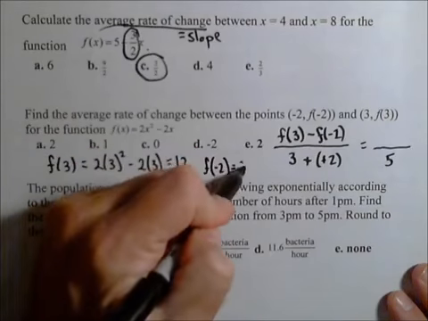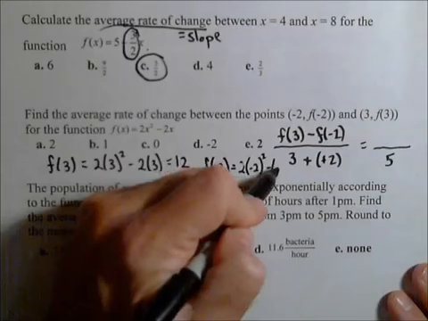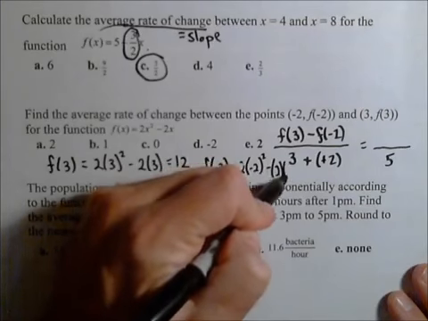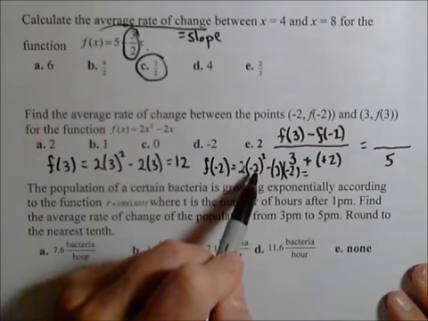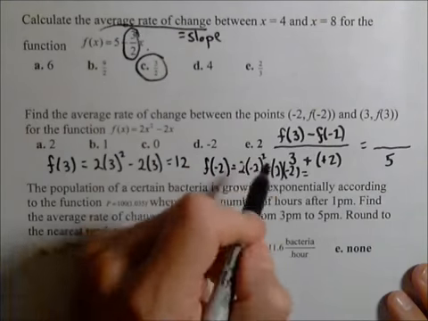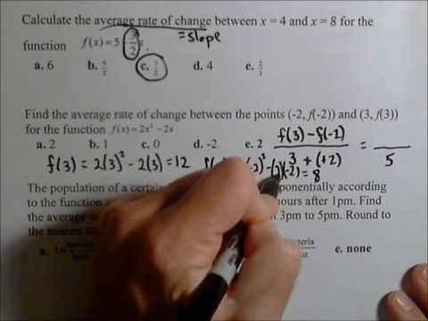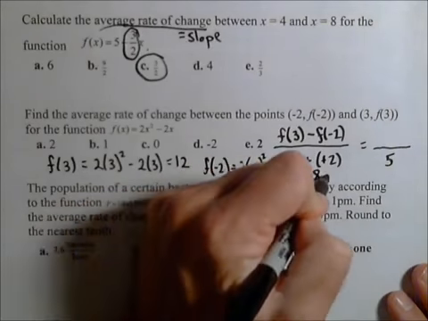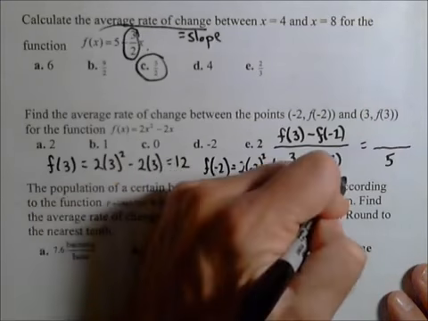So we have 2 times negative 2 squared minus 2 times negative 2. Sorry about writing in such a small space. Negative 2 squared is 4, times 2 is 8, and then negative 2 times 2 is negative 4, so minus a negative 4, so plus 4, and so that is 12.